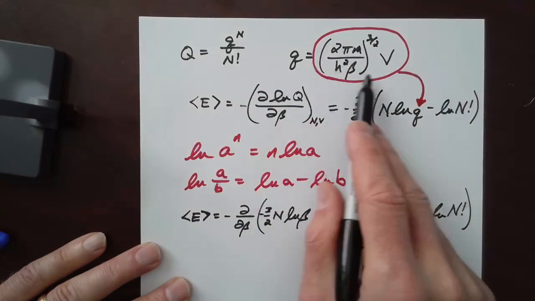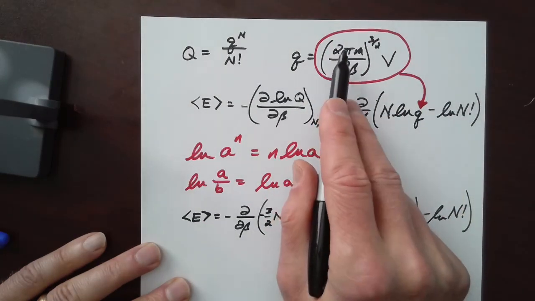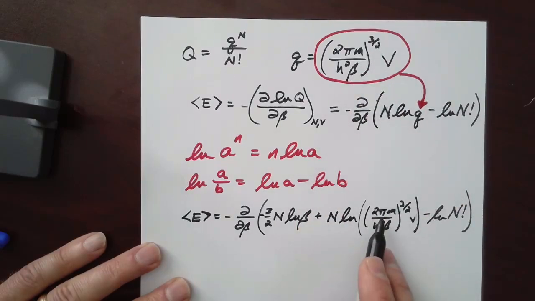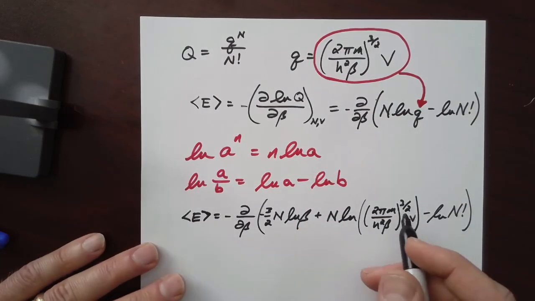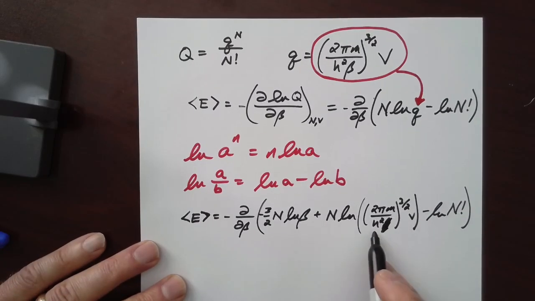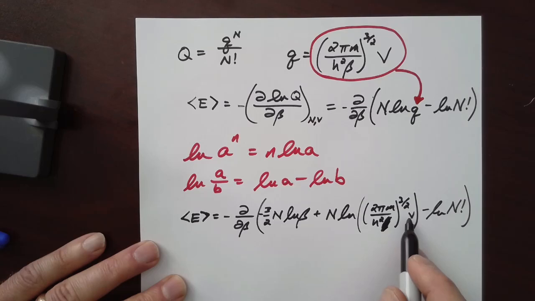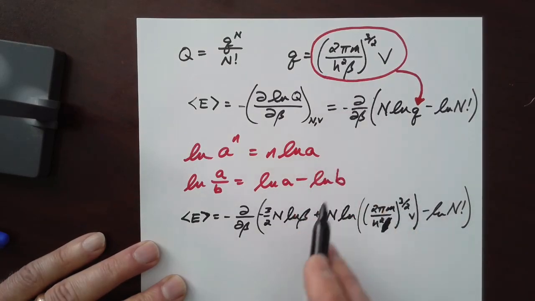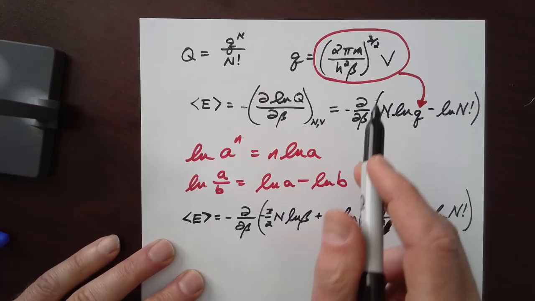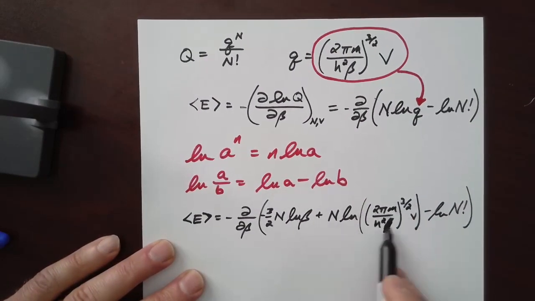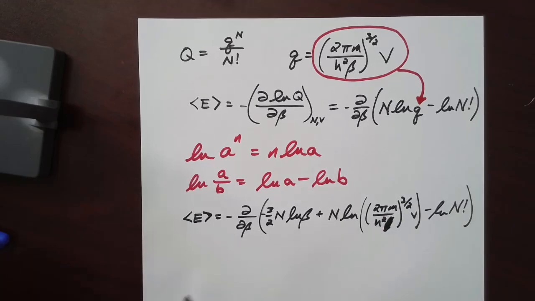We're grouping all of this stuff into a, which is (2 pi m over h squared) to the 3 halves times V. So that's a minus b, which is beta. And I also took the 3 halves and put it out front here. We don't have to do that, it doesn't matter. The reason why I'm doing this is for the following.